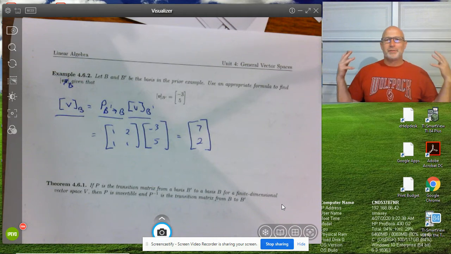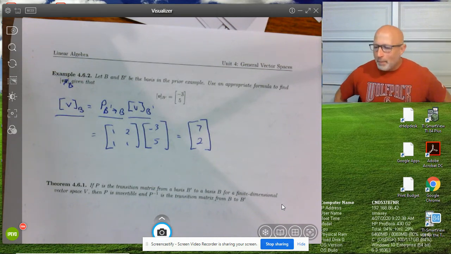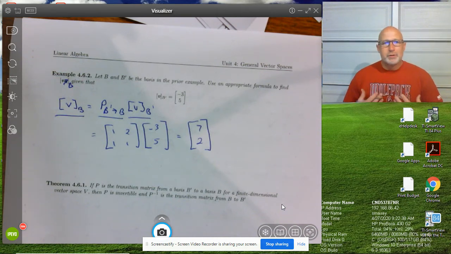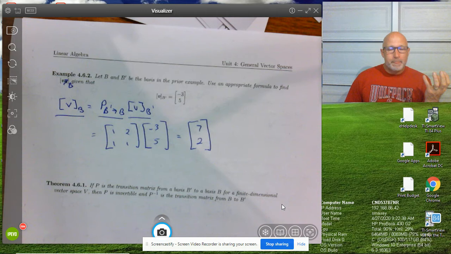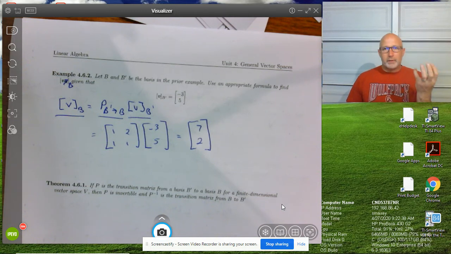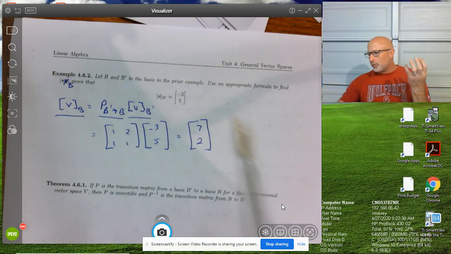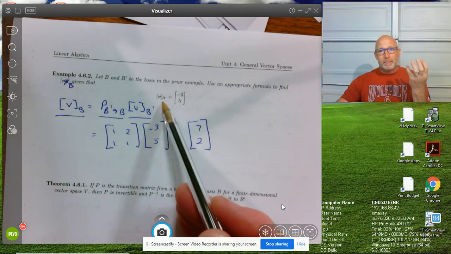What did we just find? Remember, V is just an arbitrary vector somewhere. That's all it is. But I need to define it, I need to call it something. In order to call it something, I have to have some sort of a structure to back it up. That structure in the first case is B prime.